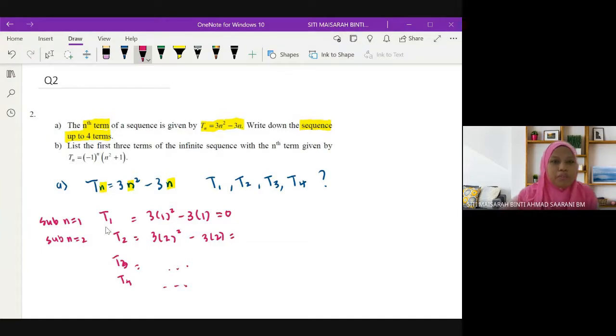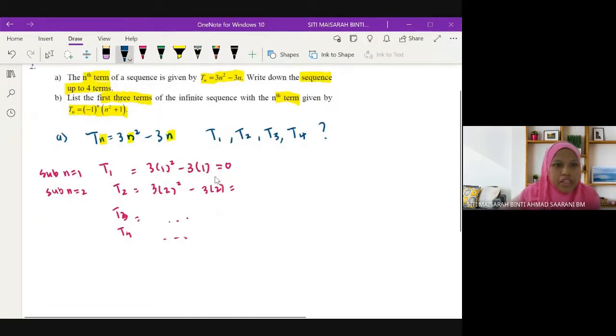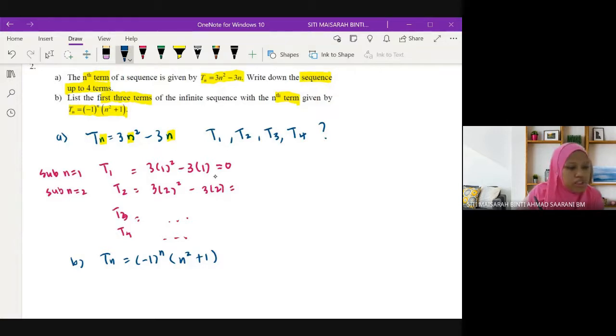Okay. And then for question B, list the first 3 terms, which means T1, T2, T3 of the infinite sequence with nth term given by Tn equals to negative 1 power n multiply n square plus 1. So for question B it is similar. Here Tn is negative 1 to the power of n multiply n square plus 1. The question asks to find T1, T2, T3.